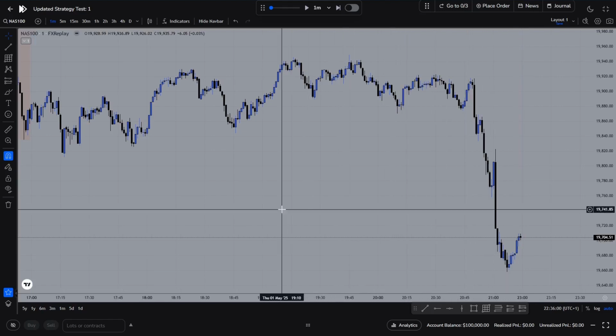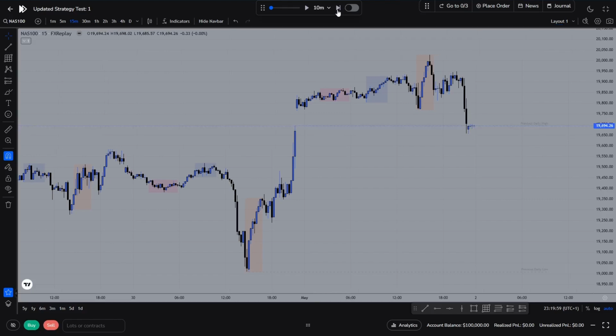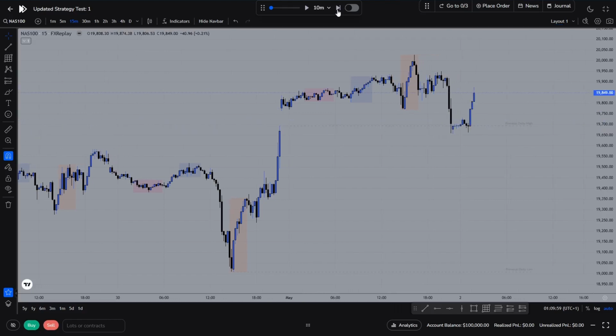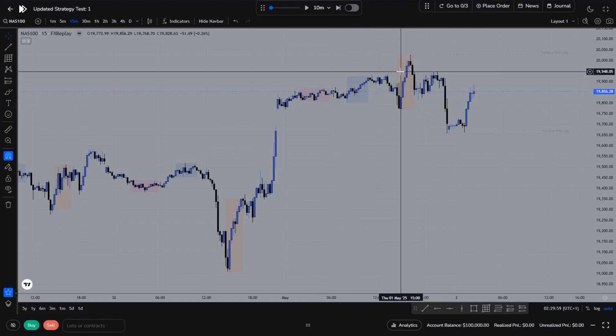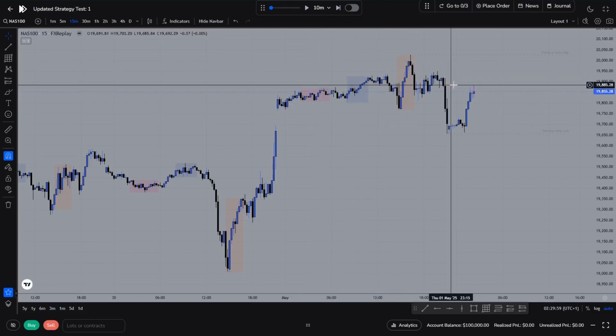Oh, so New York session already happened. Let's skip to New York AM, which is going to be this arrow. Orange, blue is London, this pink is Asia. Asia just started.